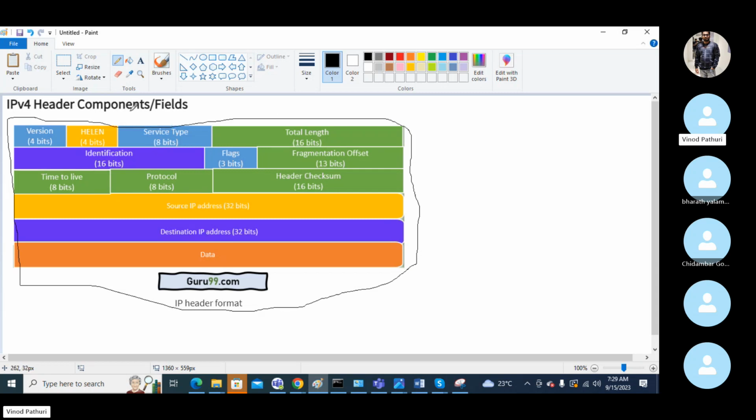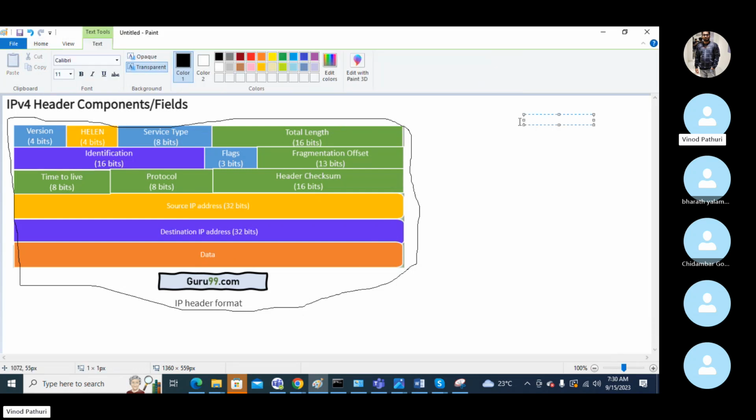So in Internet Protocol, we have two versions: IPv4 and IPv6. IPv4 is in the normal decimal format. IPv6 is in the hexadecimal format.